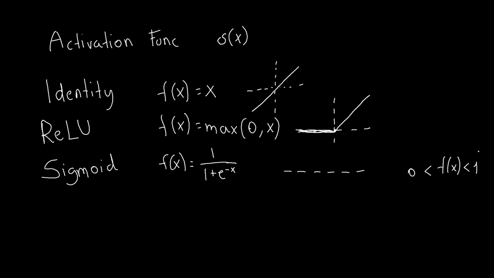So if we want to output a probability, it will be the perfect function. I haven't drawn it really well, but it could be like this.